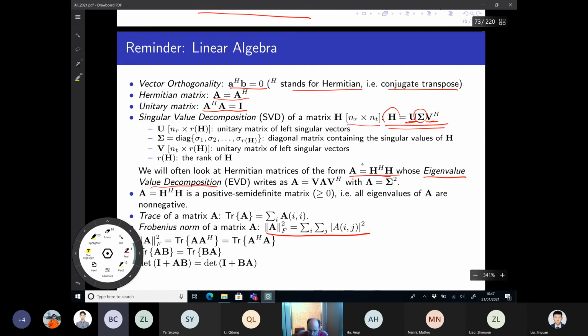a Hermitian matrix, and you will see in the MIMO context, we're going to play a lot with this kind of matrix, H Hermitian H. So this is actually a Hermitian matrix, because if you take the Hermitian of this, it's still the same matrix. In that case, you have an eigenvalue decomposition, because the left and right singular vectors are actually the same in that case. And so you can relate this to what we have here.